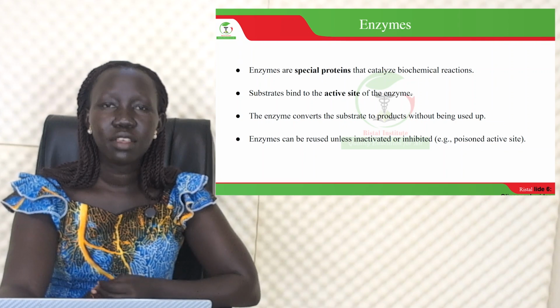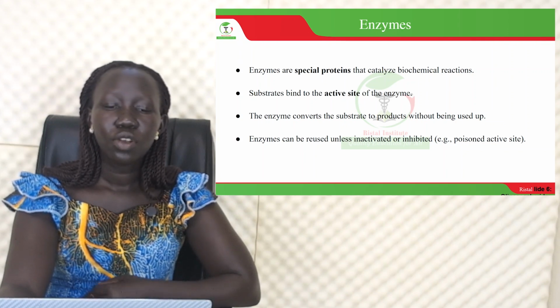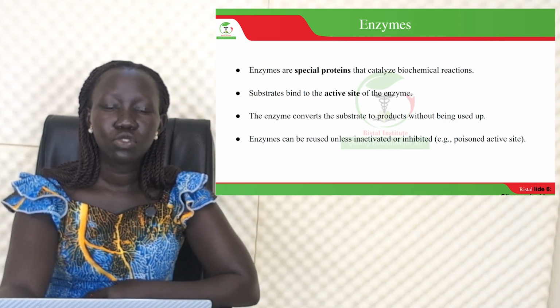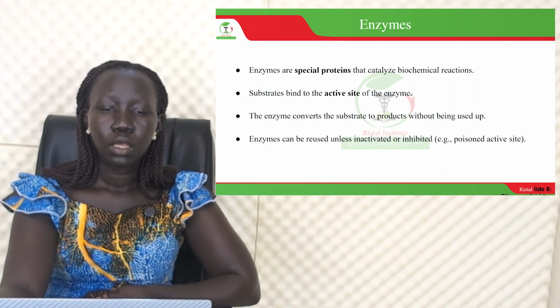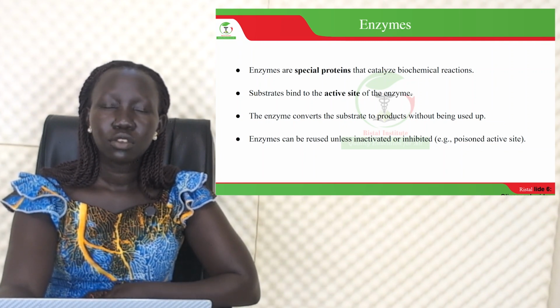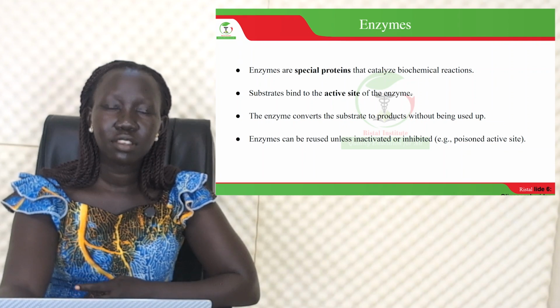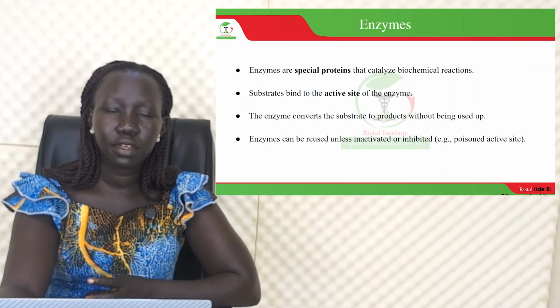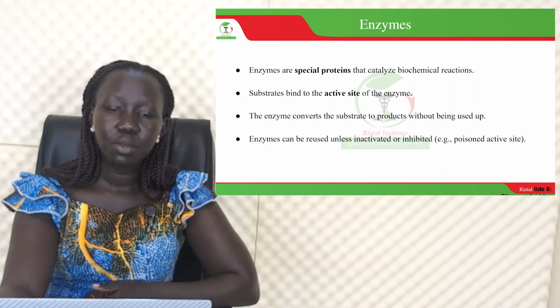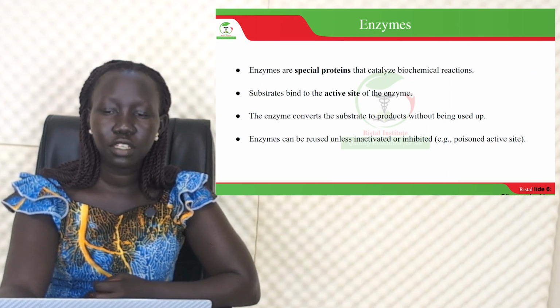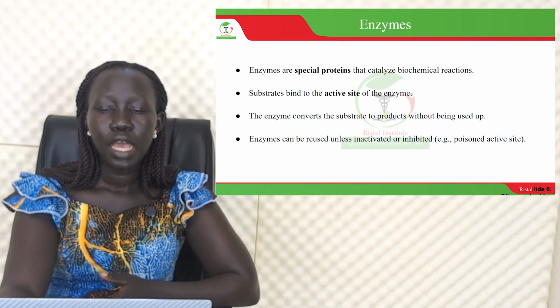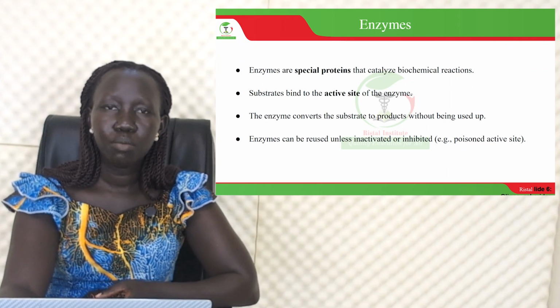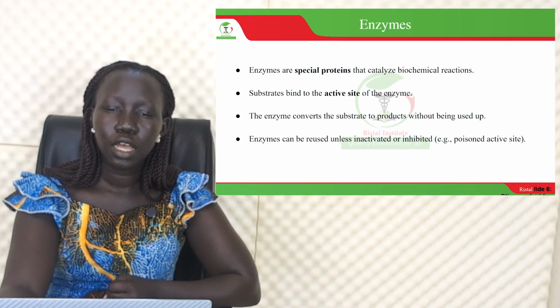So these enzymes can always be used to carry out various conversions without being used up. They remain there. And these enzymes can be activated or inactivated at will. There are certain chemicals that are used to activate, and others that are used to inhibit or inactivate the enzymes.